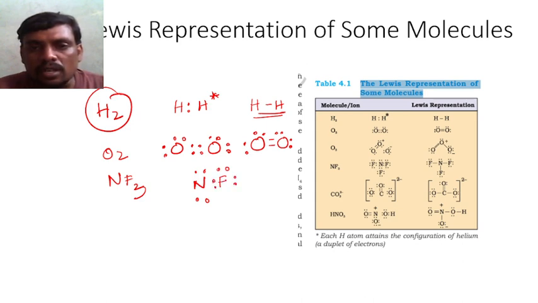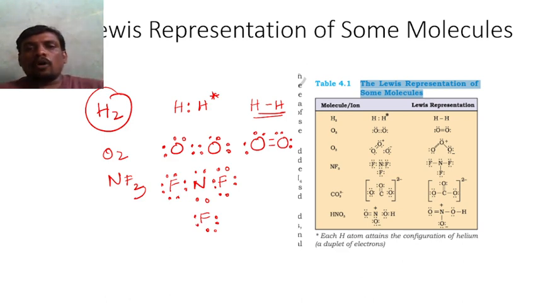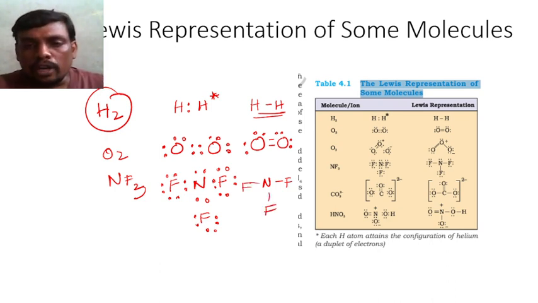Here also Lewis dots you can see, and dots represent pairs of electrons. Here also is one more fluorine atom. Dots represent the number of electrons, and the bond formation will be N, F, F and F. Single bond formation generally, the same. And the remaining examples you can go through.